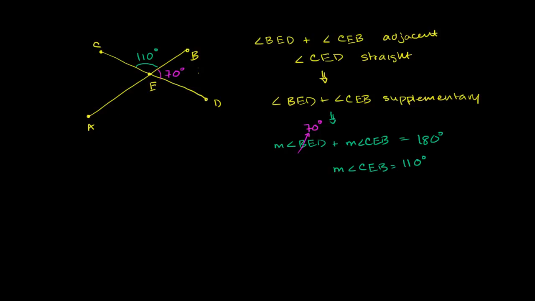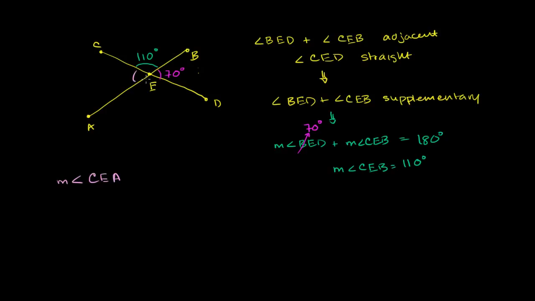So now let's use the same logic to figure out what angle CEA is. So now we care about the measure of angle CEA. And we can use the exact same logic. Angle CEA and angle CEB are adjacent. They form a straight angle if you look at their outsides.